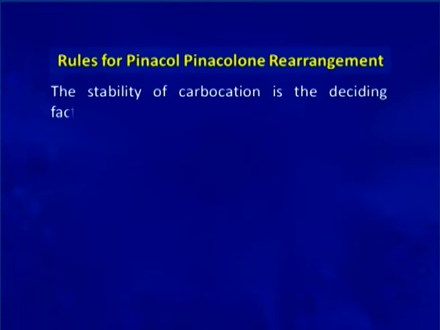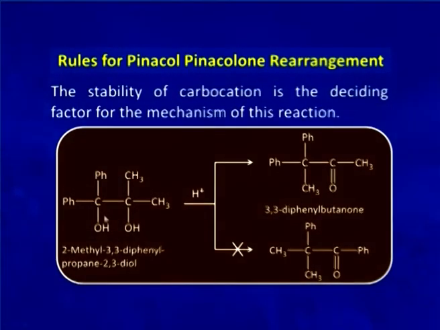We will now discuss the rules which govern Pinacol-pinacolone rearrangement. In the present example, the stability of the carbocation is the deciding factor for the mechanism of this reaction. You will see here that in this molecule we have 2 hydroxy groups, one attached to 2 methyl groups, whereas the other is attached to 2 phenyl groups. If this hydroxy group gets protonated, the carbocation generated is stabilized by delocalization within 2 phenyl rings.